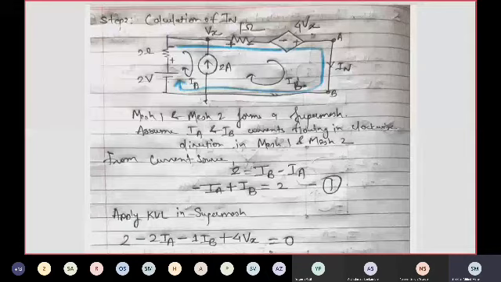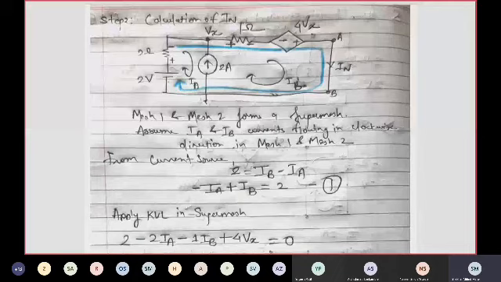Now the circuit changes. Step 1 circuit is different, step 2 circuit is different, so you can change your assumption here also. But whatever facts are given in the problem itself should be the same.